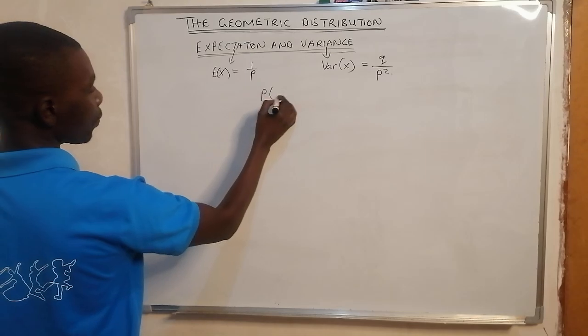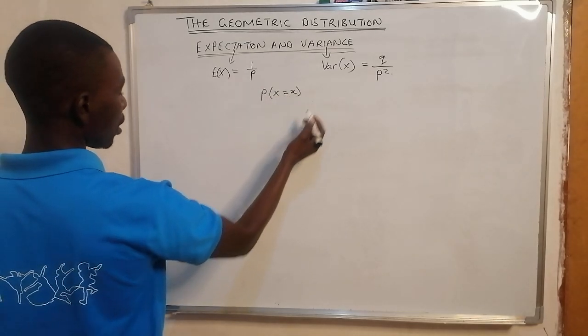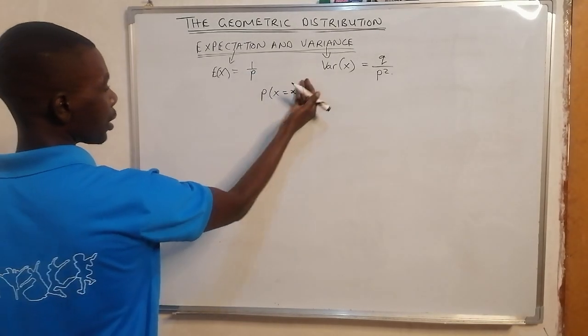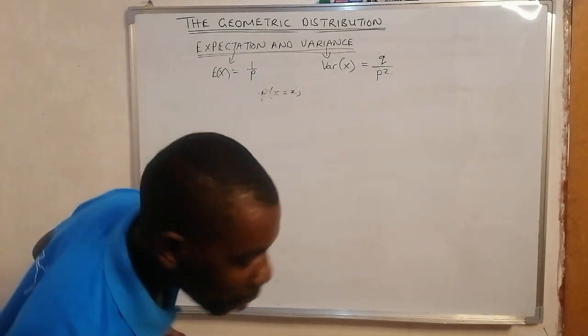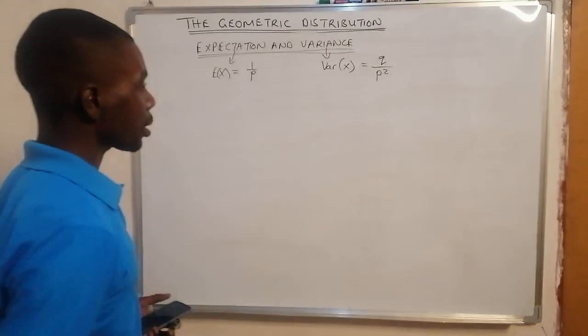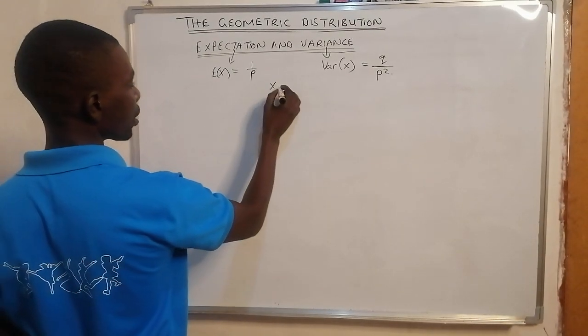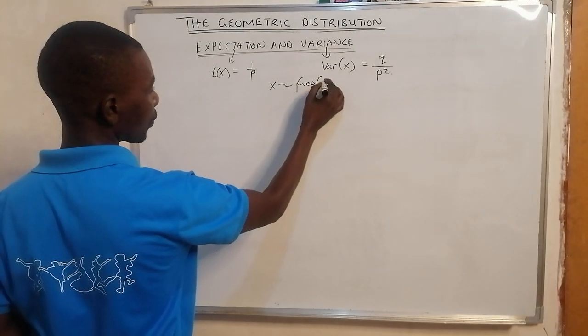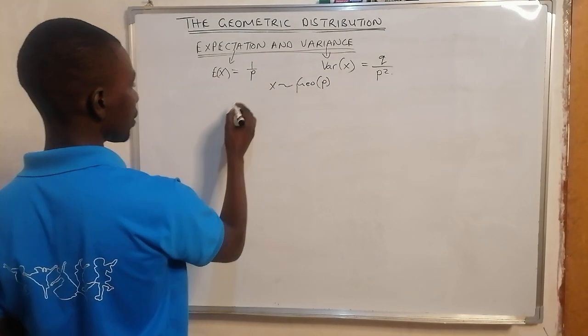These apply when x follows a geometric distribution with probability of success p.